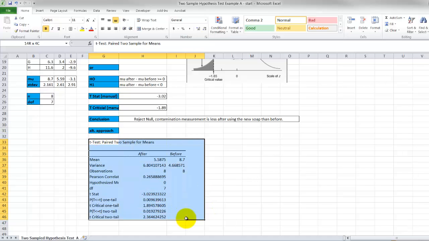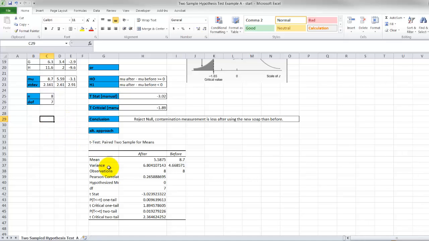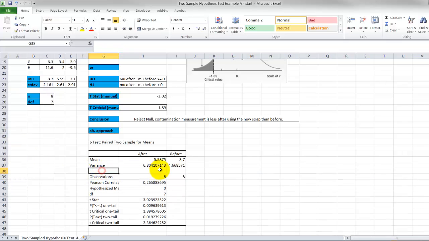And we're letting the analysis toolpack generate all these values. So just like when we calculated the mean after and before, those are calculated here. 5.58, 5.58, 8.7, 8.7. It's calculating the variance. The variance is not to be confused with standard deviation. In fact, let me put an extra row here.